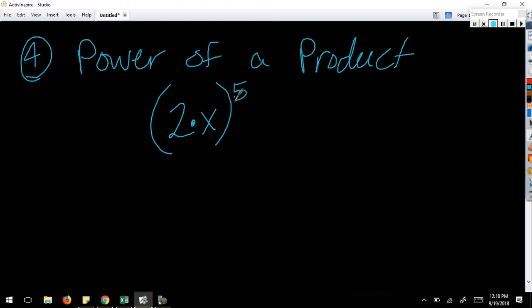And I'm hesitant to say this because if this was a plus in the middle, I couldn't do that. Because if this was 2 plus x, that would say 2 plus x and 2 plus x, 5 times. But because I'm multiplying inside, it makes it a little different. I can distribute through, but only because I'm multiplying and not adding or subtracting.